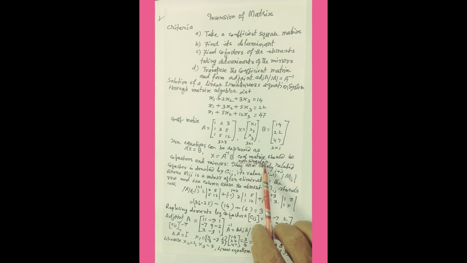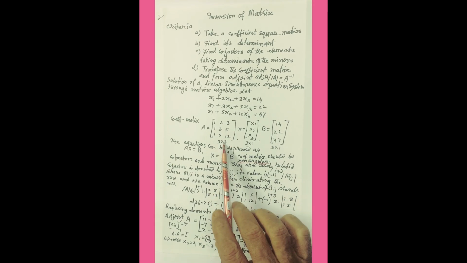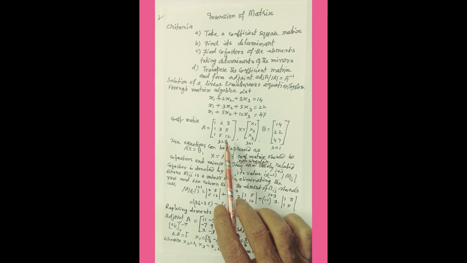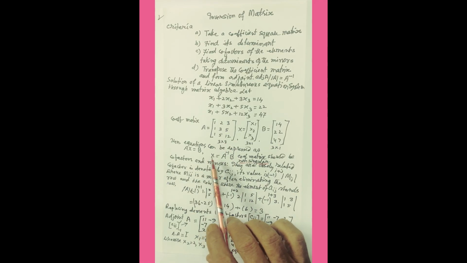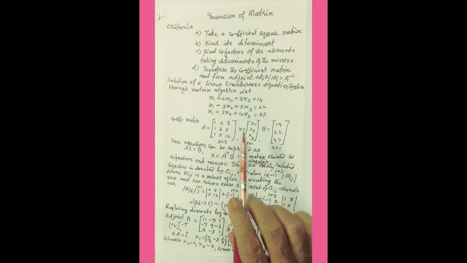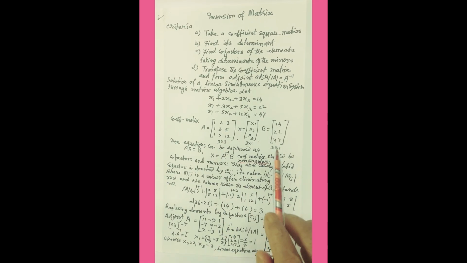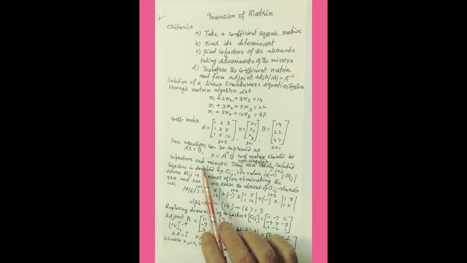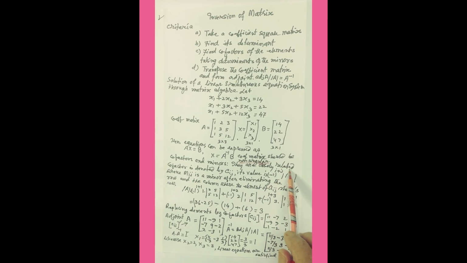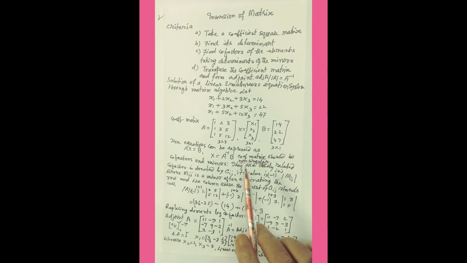Now the coefficient matrix should be non-singular. As I said earlier, if the determinant of the coefficient matrix is 0, it is a singular matrix, so it should be non-singular, so that the determinant is not 0 and inversion is possible. Cofactors and minors are very closely related. Cofactor is denoted by Cij.